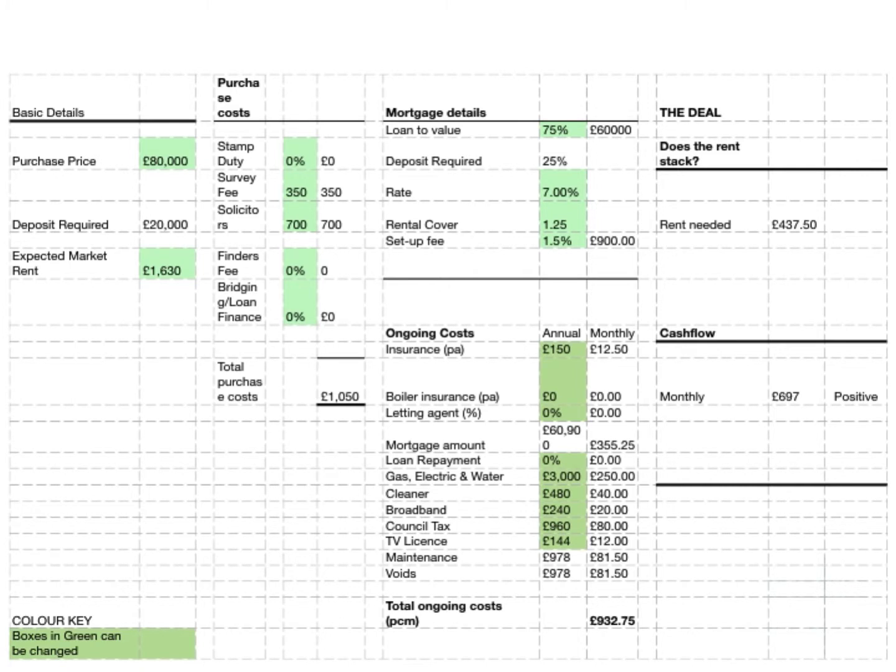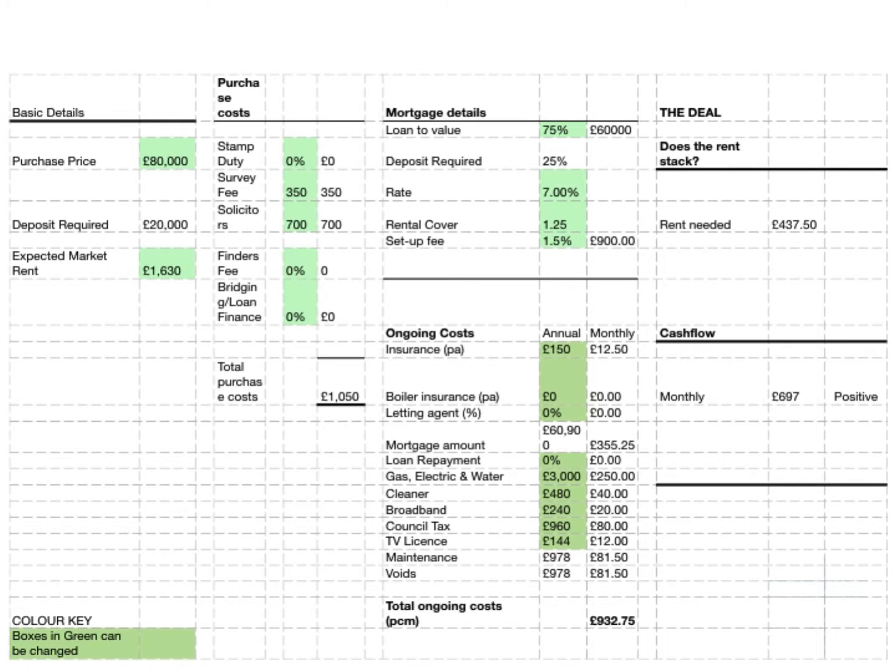The next thing that you need to consider in terms of costs is that when you take a lending product, usually there are some fees attached to that. Now, very often you can add the fees to the lending product and you can pay those off over time, but sometimes you might not be able to. So there's maybe things like bridging finance where you might need to pay the fees separately.